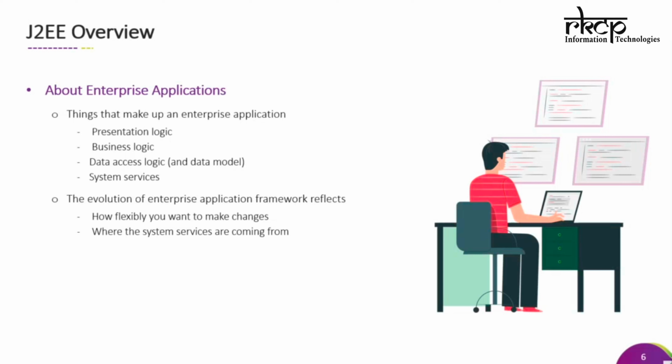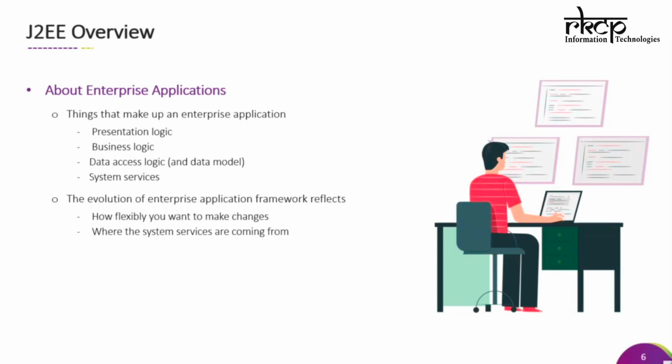One is the presentation layer, that is your view, that is your UI, that is your HTML. The HTML pages you are creating will come under the presentation logic. In the same way, what you write to create the server, how the server will take your request and give a response to you, that is the business logic.